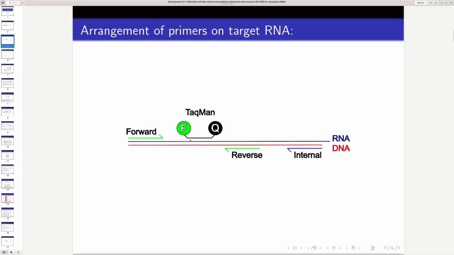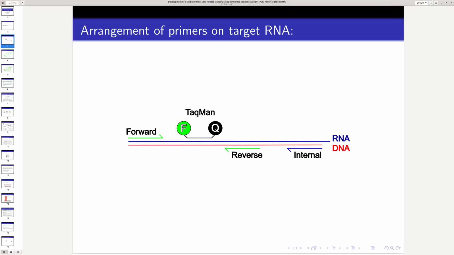When this binds to DNA, it can become the substrate for the polymerase going in a forward direction here. The exonuclease activity of the polymerase will degrade this linker, and this fluorophore will fly off and become fluorescent, and the quencher will be diluted out. And so with every round of PCR, you'll double the amount of fluorophore that you've got.